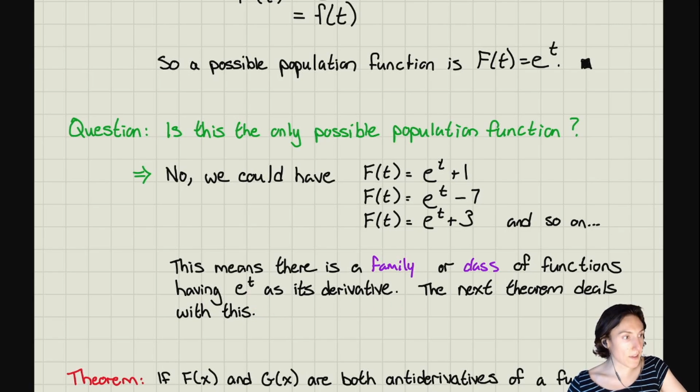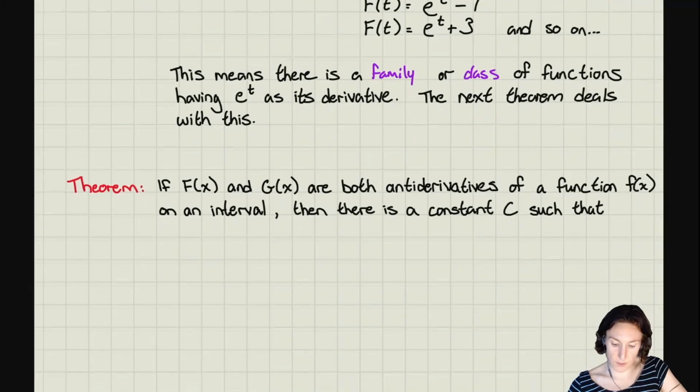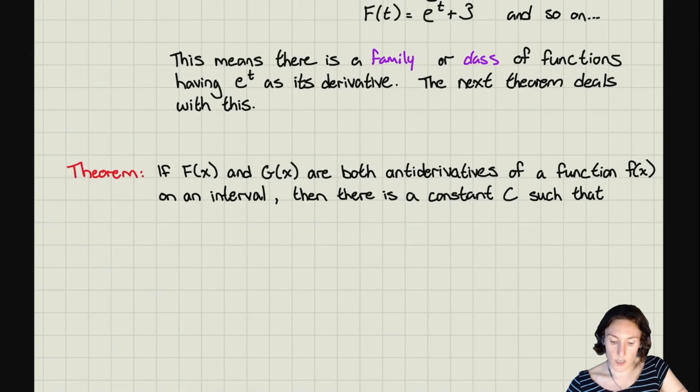And so we have a theorem that tells us what the rule is. Let's say we have capital F of x and capital G of x, and they're both antiderivatives of some function, little f of x, on a particular interval.